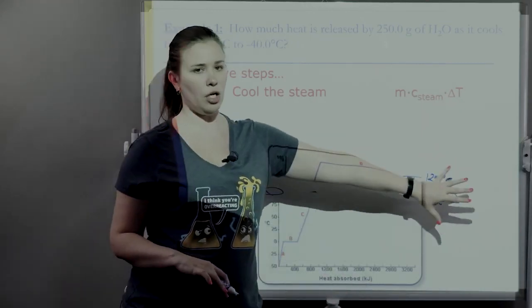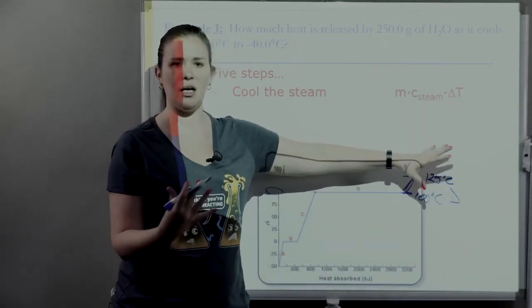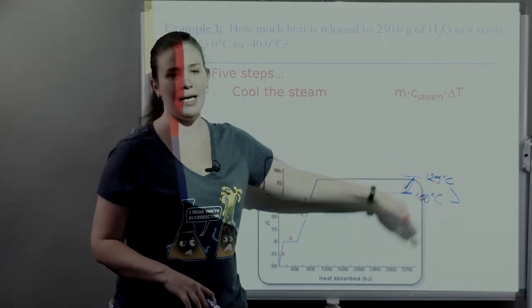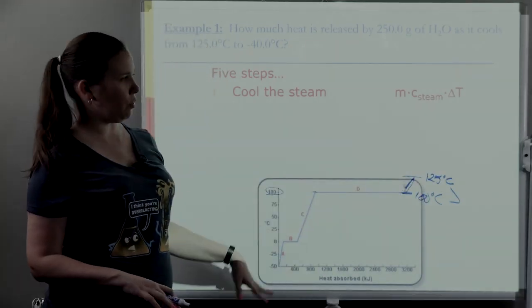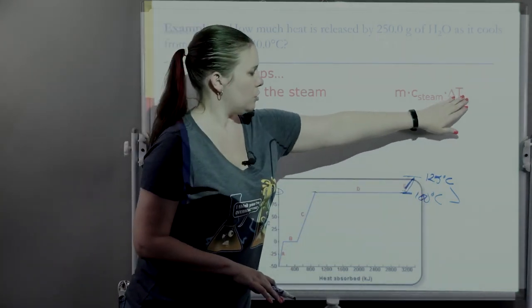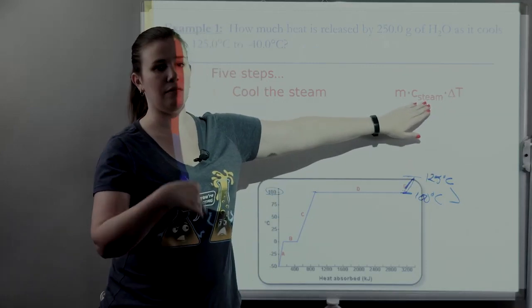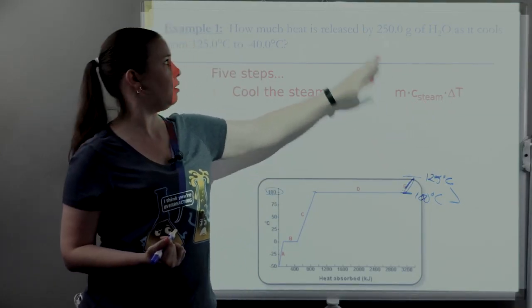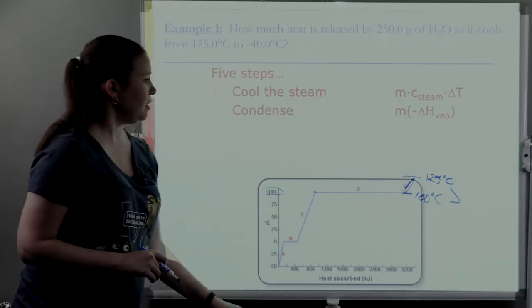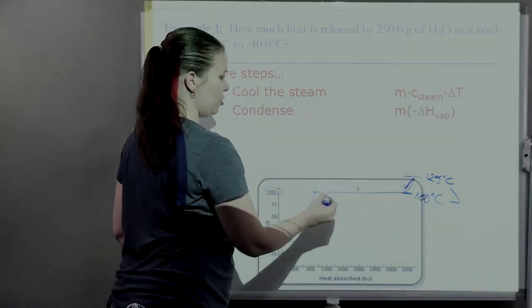And this is the most common mistake in the gas temperatures. People forget to take out the 100 degrees that we're going to look at when we look at the water. So this delta T is only the 25 degrees. We'll use the C of the steam instead of the liquid water, and the mass will be the same for all of them. Now, if you look at the second step, we're going to go through this phase change here.